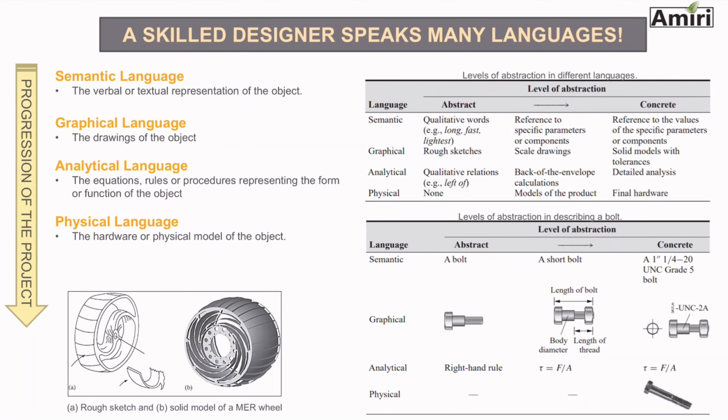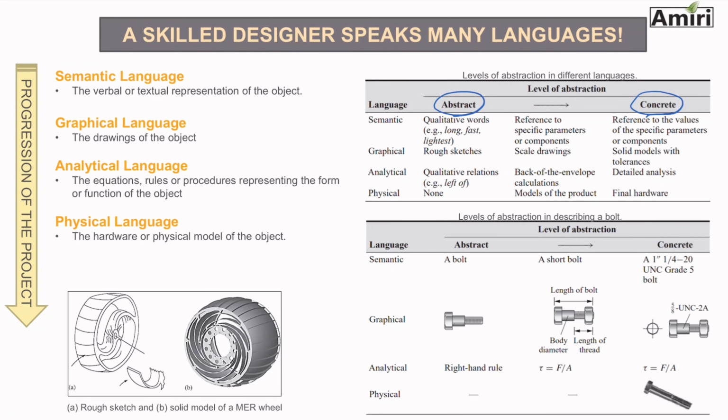So some points on that communication. A good designer can speak a lot of different languages. I have 4 different types of languages: semantic, graphical, analytical, and physical languages. And then each of those has different levels of abstraction. They go from abstract to concrete.